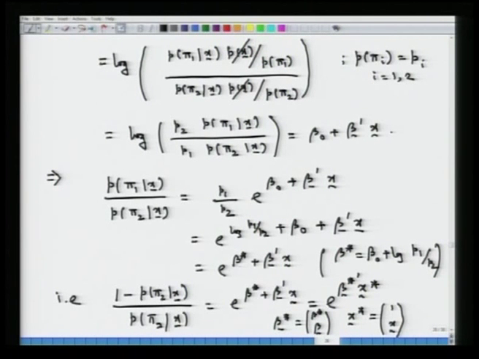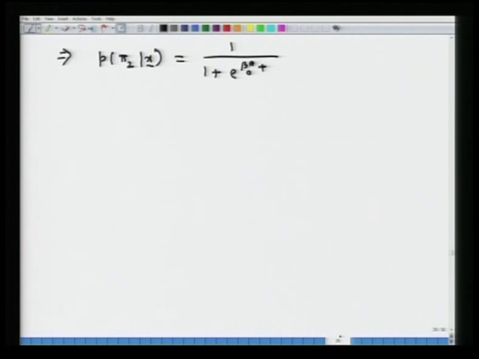Let us still write this as a beta naught star quantity, in order to have some understanding that this is what corresponds to the constant term out here. So, it is beta naught star plus beta prime x quantity, either in this form or in the form of 1 plus e to the power beta star vector prime times x star, which are equivalent.